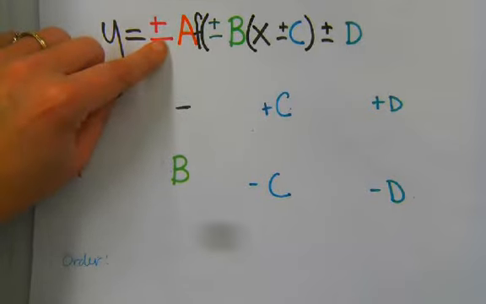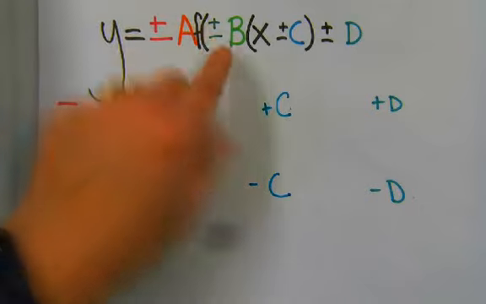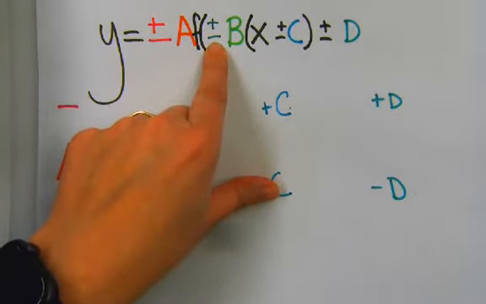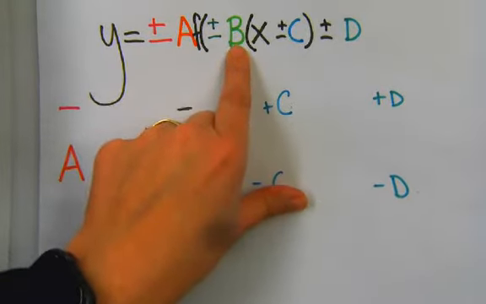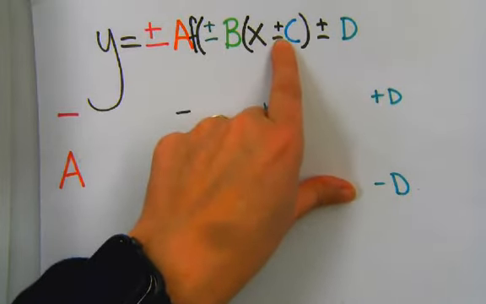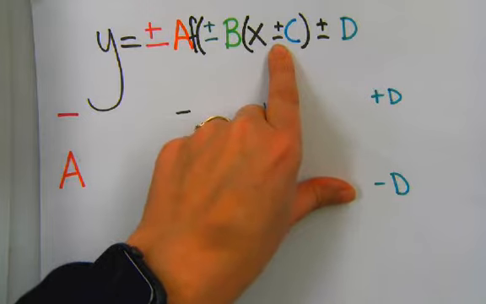If you have a negative sign here, it's because you reflected it over the y-axis. If you have a number that's multiplied by the x, it's because you've horizontally stretched or compressed it. If you have a number that is adding and subtracting the x, it's because you've shifted left or shifted right. If you have a number that is affecting the y values on the outside, it's because you shifted vertically up or down.